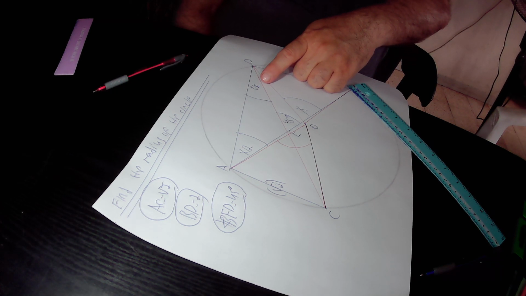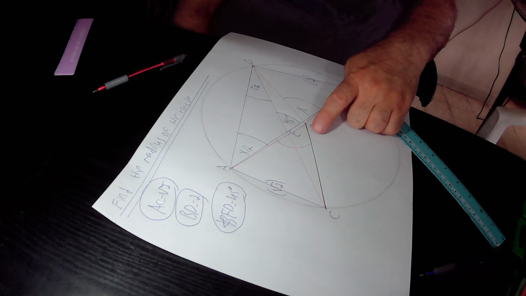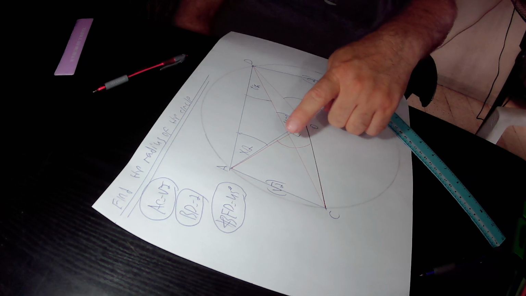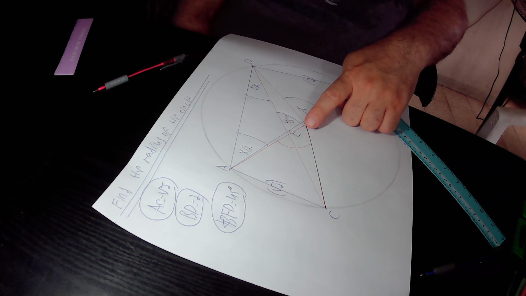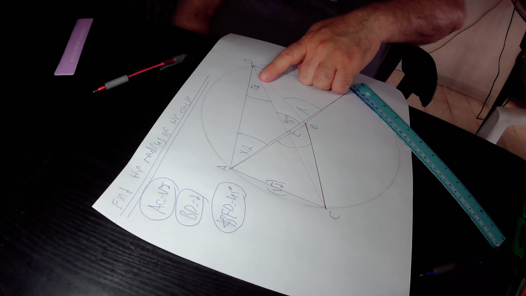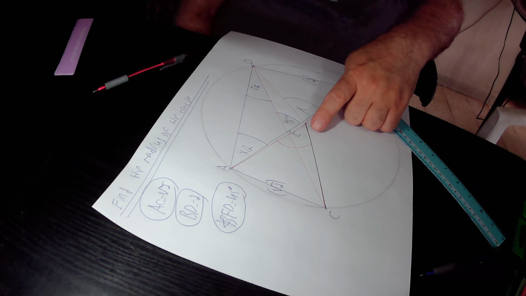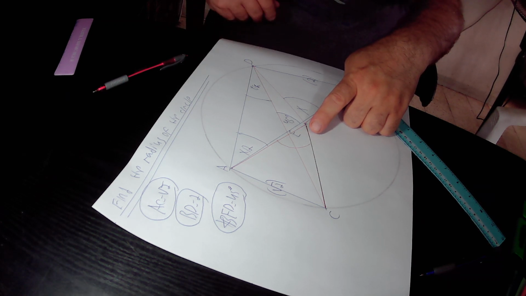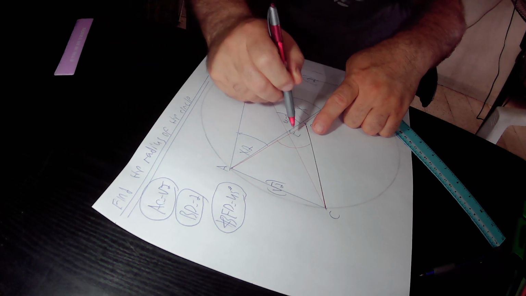The size of this peripheral angle ADC is y over 2, and therefore the size of this central angle AOC that is subtended on the same chord called AC must be y, exactly twice as large as the peripheral angle that is y over 2. So the central angle AOC must be equal to y degrees in its size.